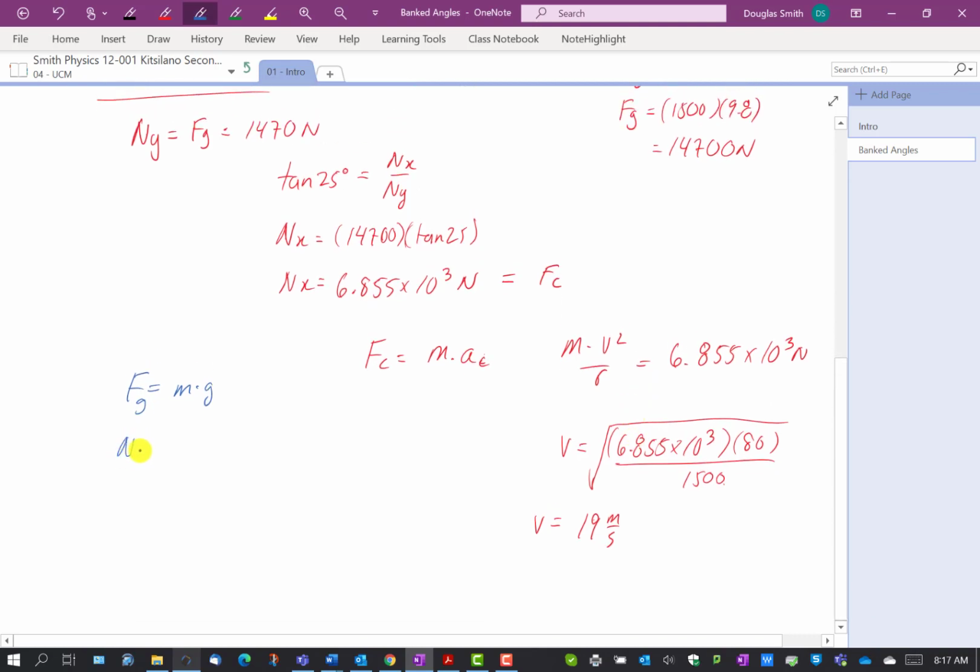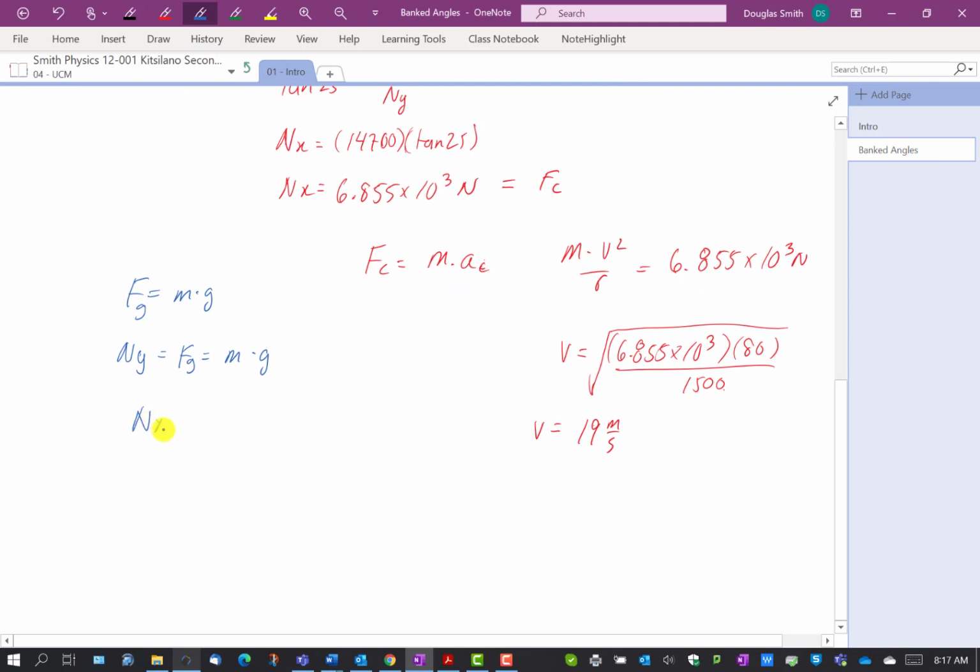Then Ny is equal to Fg, which is mg. And Nx is equal to mg times tan theta. That's this part right here. So that's also equal to Fc. So Fc is mg times tan theta.